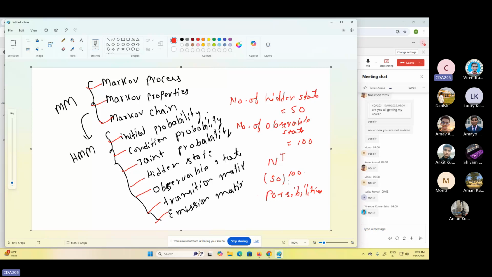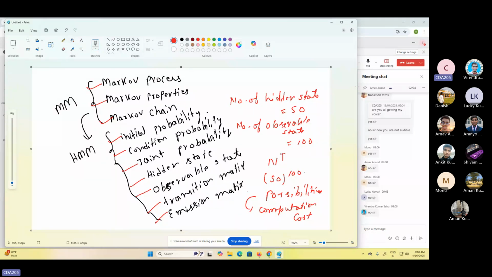So how much computational cost will be needed? More computational cost will be needed to find the one possible state out of the 50 to the power 100 possible states.